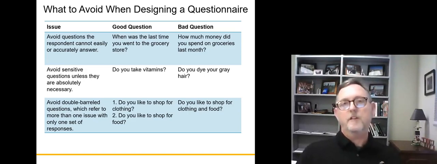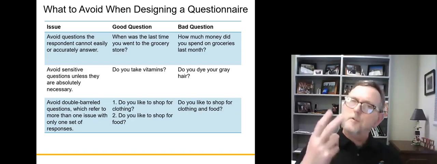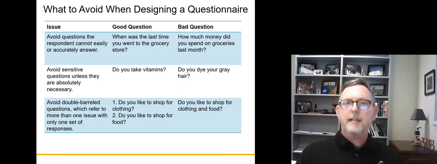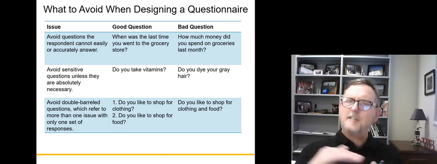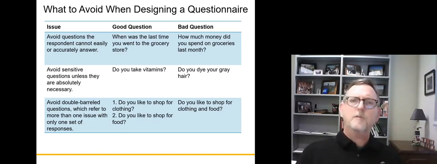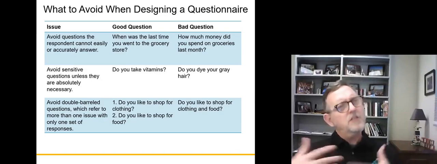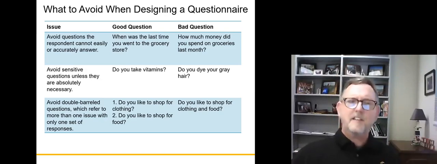Do you like to shop for clothing and food? Well, I'm really asking you two questions at once, and you might like to shop for food, but you might not like to shop for clothing. So how would you answer that? What we would really want to do is split that into two questions, ask them separately, and get a different response for both. So those are some basic things.